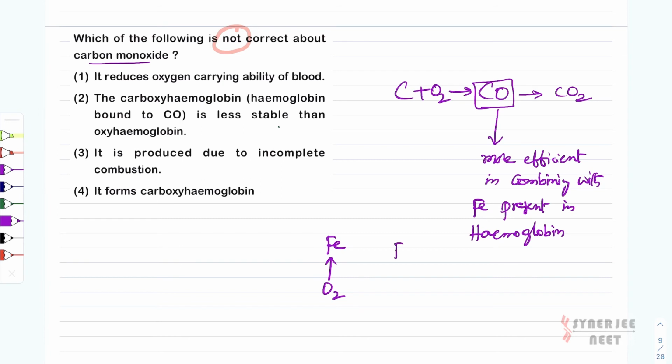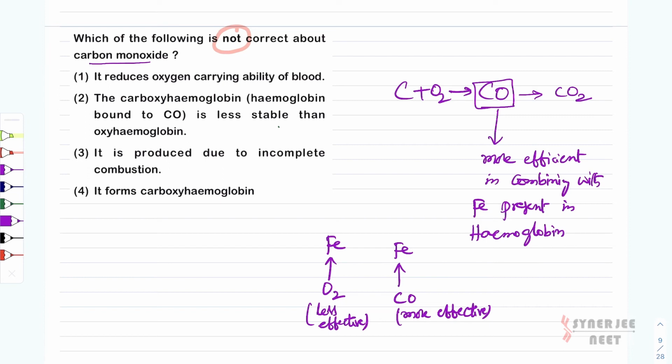But when carbon monoxide is inhaled, it will form a complex with the carbon monoxide. Among O2 and CO, CO is more effective in forming a coordinate covalent bond or complex with the iron, whereas O2 is less effective. So when you inhale carbon monoxide and oxygen is also present, the iron will connect more to the carbon monoxide as compared to oxygen. That's why it is more fatal when you are in a closed room containing carbon monoxide.